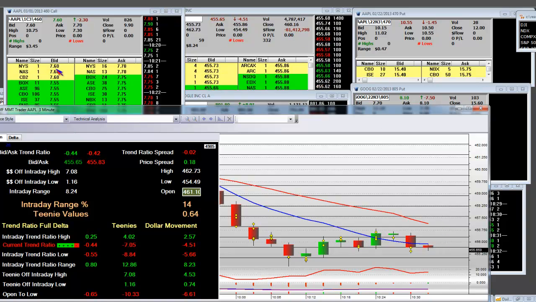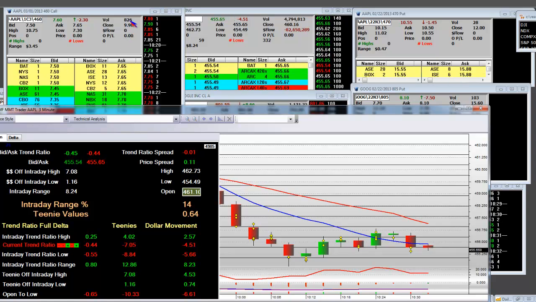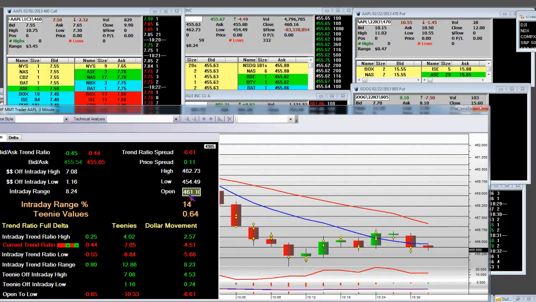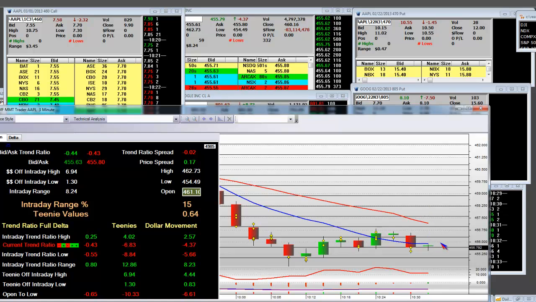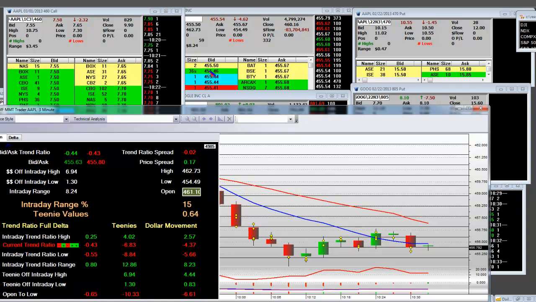And here are the calls, 760 by 765. There's 826 volume. But the problem is we're not breaking higher. We have to consolidate that two teeny range times 64 cents in the bid and ask levels.